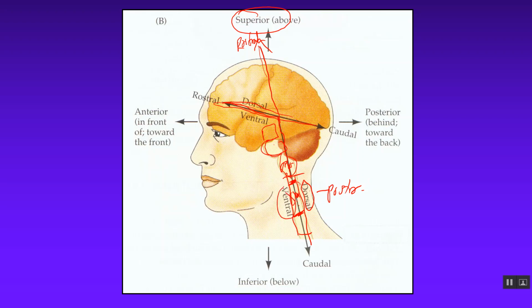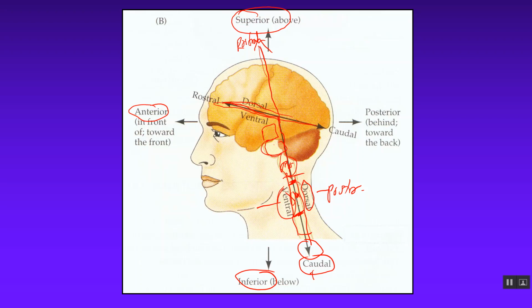And ventral and anterior are synonymous in that particular region. Does that make sense? Caudal or inferior are also synonymous in the neuraxis through the brainstem and spinal cord.